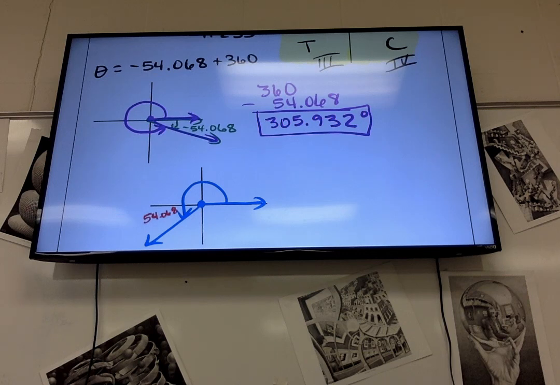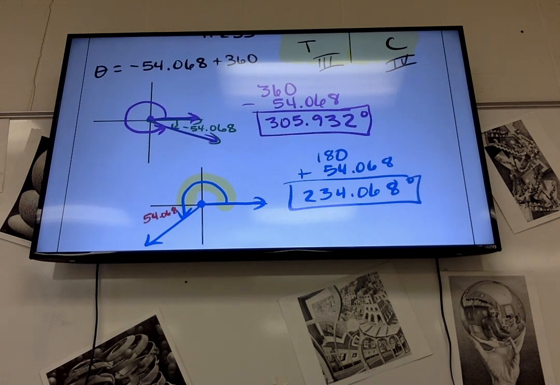Add it to 180. We have 180 degrees right here for half a circle, and then we add that reference angle. So there's our two angles.